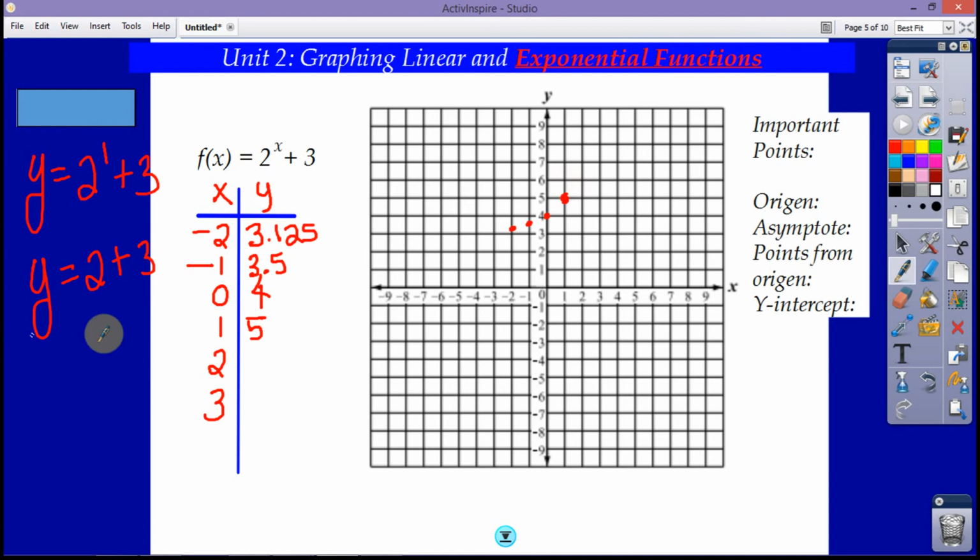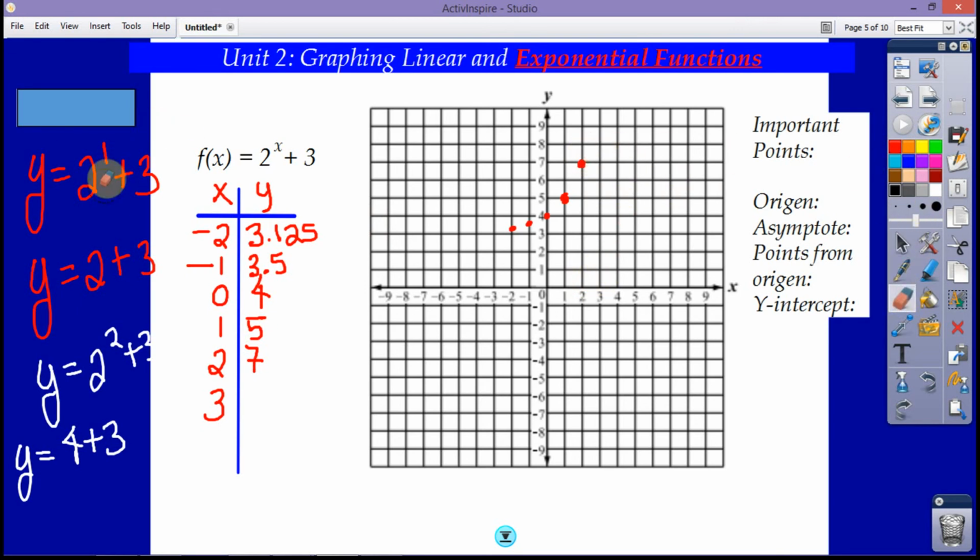I'm just going to switch colors over here to do 2. So y equals 2 to the 2nd power plus 3. 2 to the 2nd power is 4, plus 3, that is 7. So 2 to the right and then 7 up.